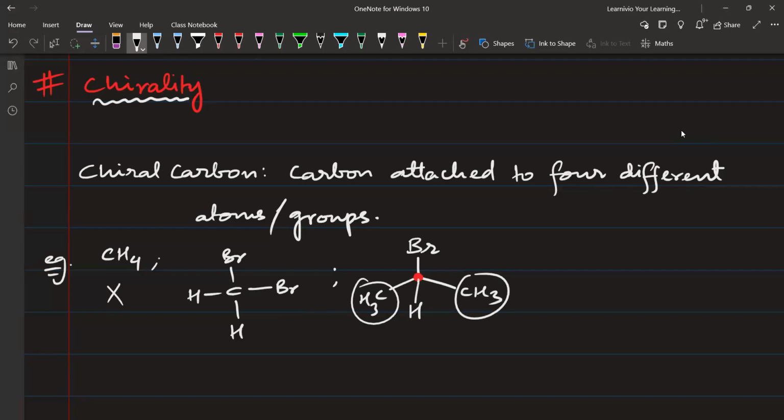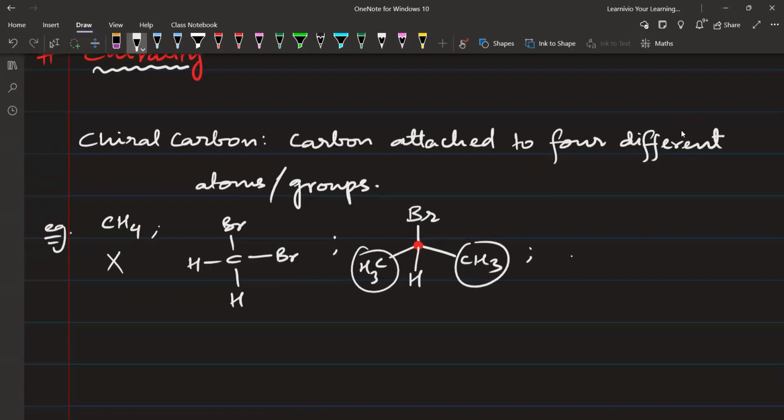So keep that in mind. Now suppose I give you one more example. Can you see? Is it chiral? Yes, sir. Now can you tell me what the four groups attached are?